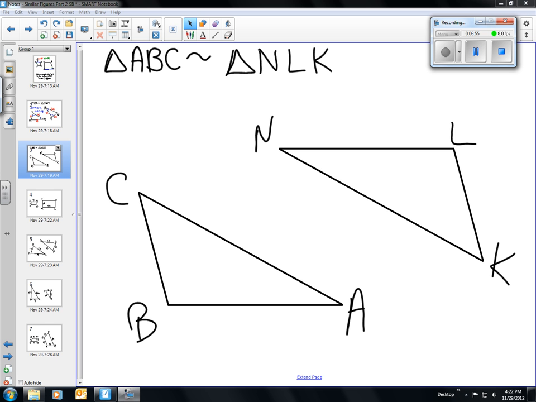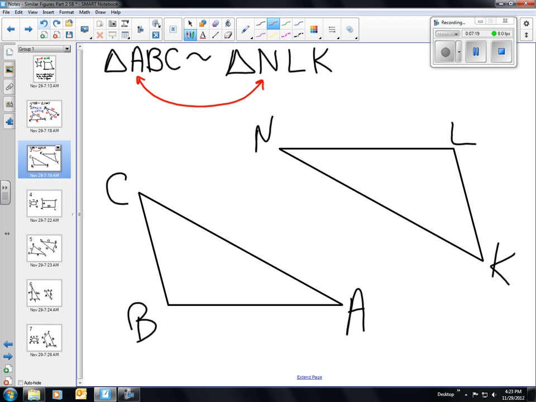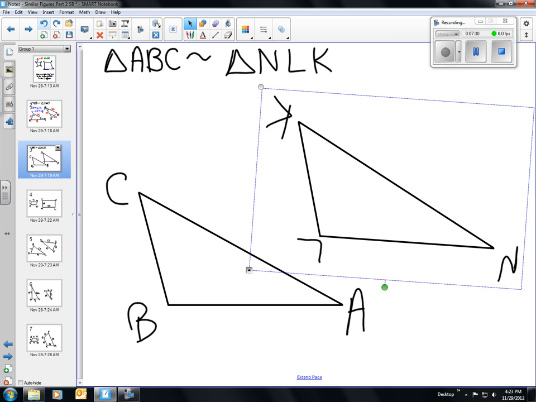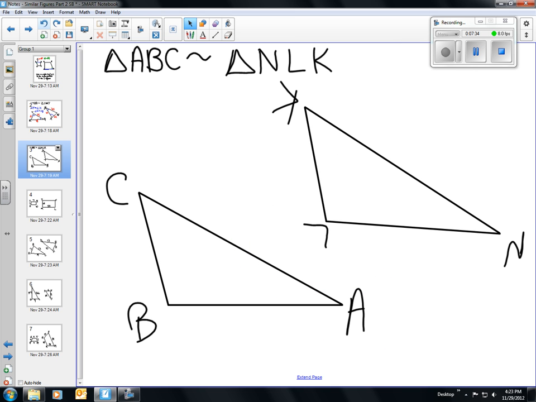All right, now let's look at example 2. It gives us two triangles, and we're told that triangle ABC and triangle NLK are similar. We know they're similar by the small tilde sign, or squiggly. We need to know the corresponding sides of these triangles. We could use the name to find that A corresponds to N, B to L, and C to K. Or we can visually determine that when we rotate it around, we get a figure in the same position.